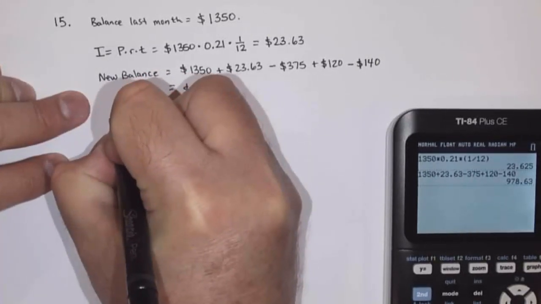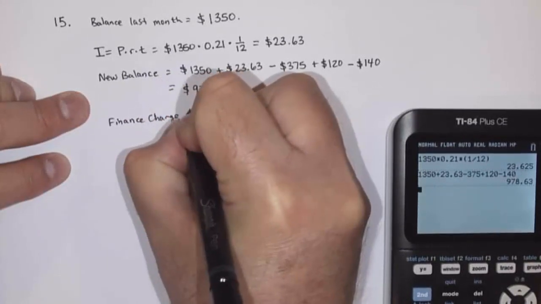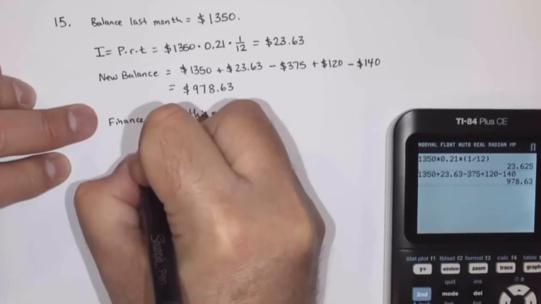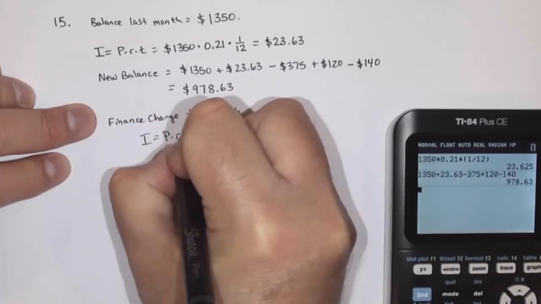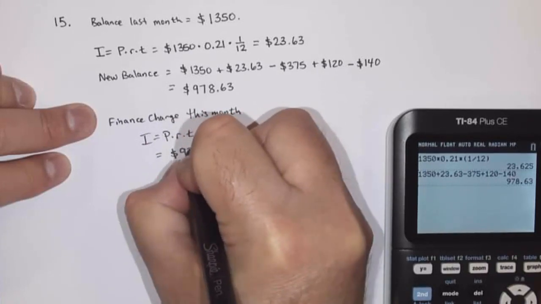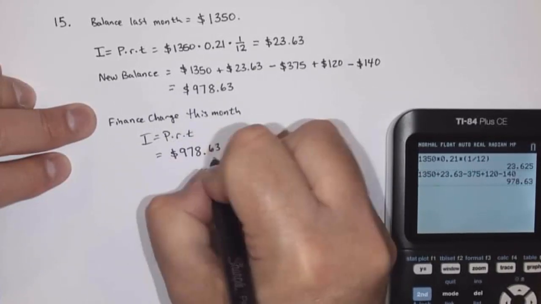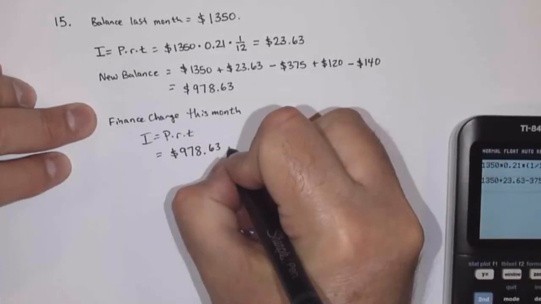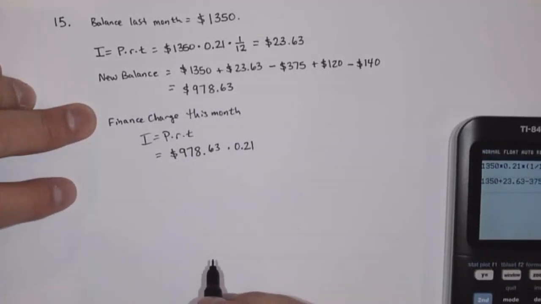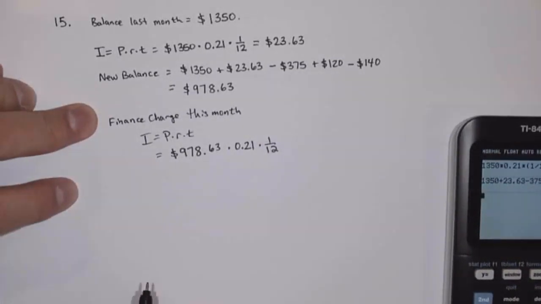So her finance charge this month, again, that just means the interest. So that's going to equal the $978.63, that's the principal, times the interest rate, 21% in decimal form, so times 0.21, times the time, which again is 1 month, so that's 1/12 of a year.